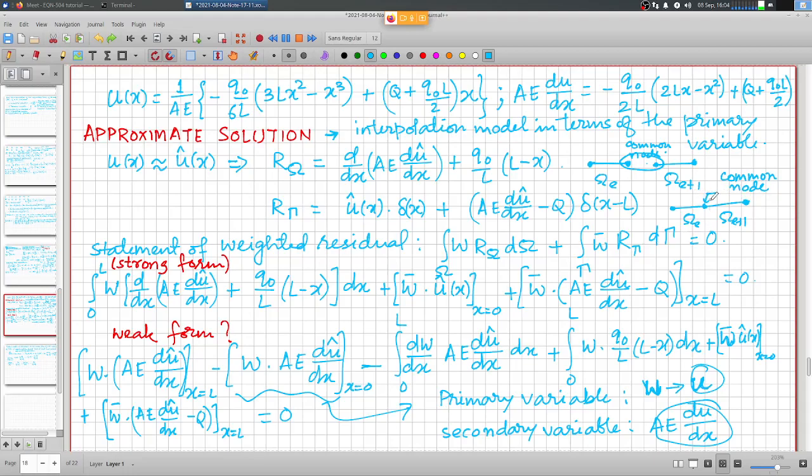The interpolation condition requires that the approximation has to agree with the value of the function at the node. So whether I approach this point from omega e or from omega e plus 1, the function value is of course the same at the common point. So the compatibility is automatically guaranteed.